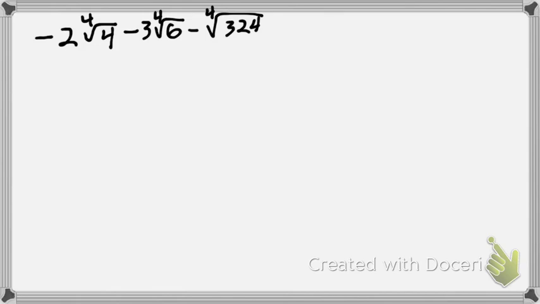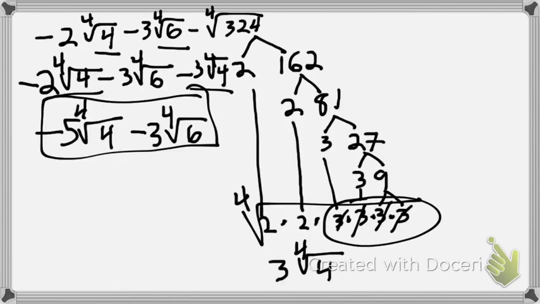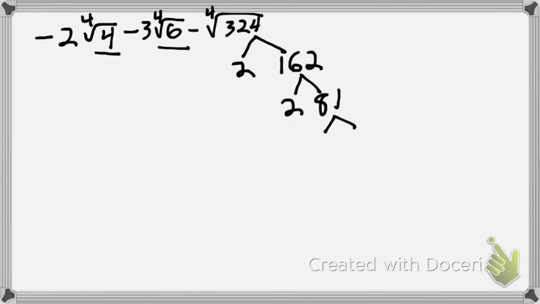How do I simplify that big old number, the fourth root of 324, in order to make it match up with one of the other numbers? So we're just going to start breaking 324 down. 2 times 162. 162, we can pull out another 2.